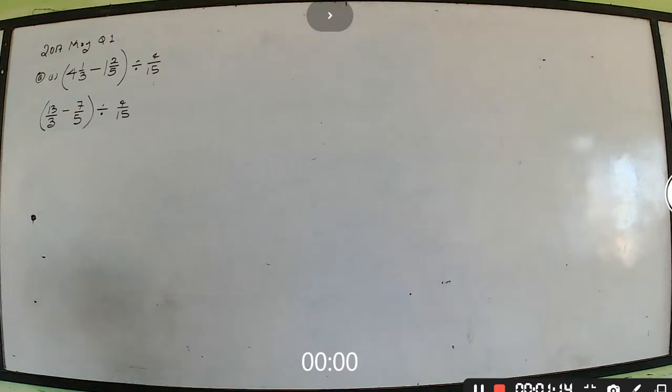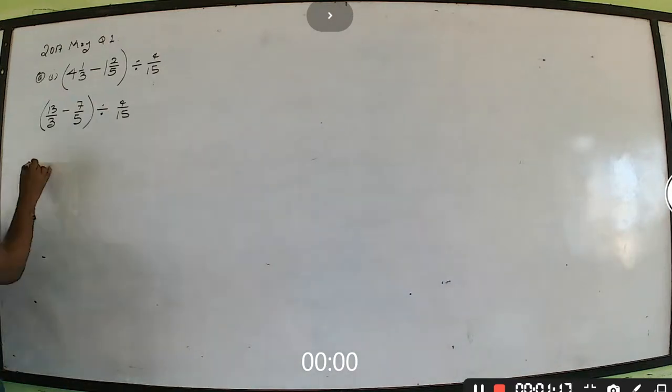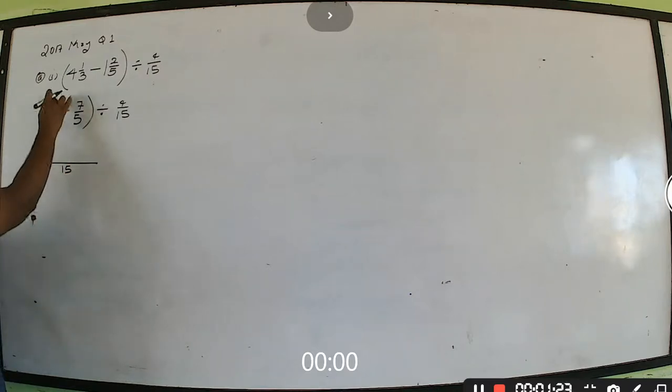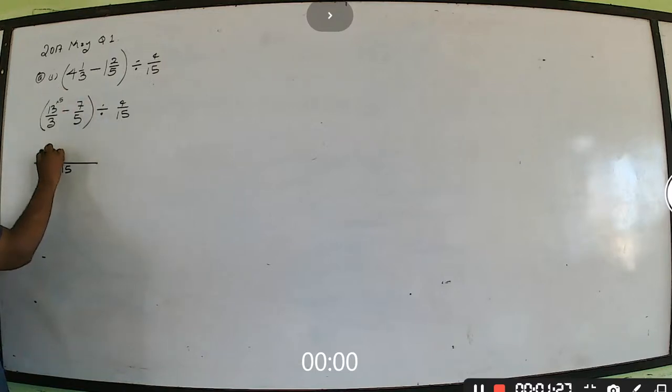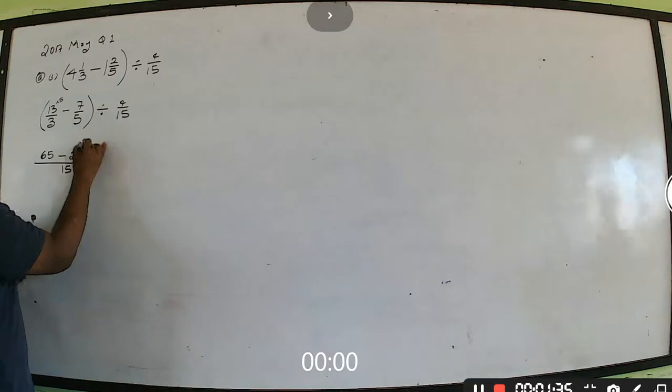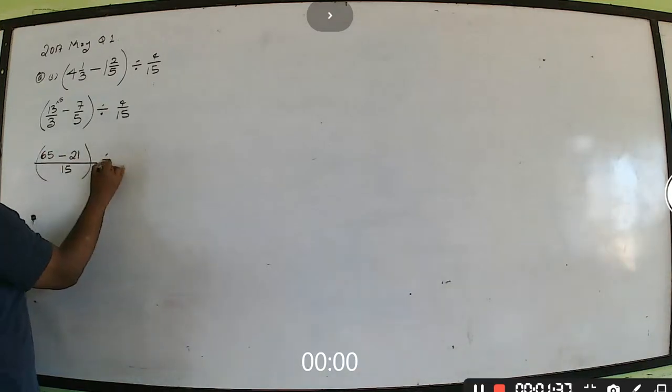What is the LCM? 15. 3 into 15 is 5, times 13. 5 into 15 is 3, times 7. Divide by 4/15.